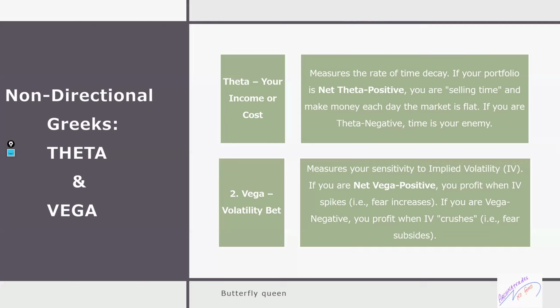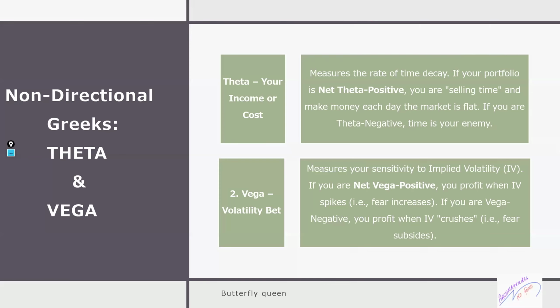If your portfolio is net theta positive, what does that mean? It means you are gaining the time decay. As time passes, you make money, because you have sold time.